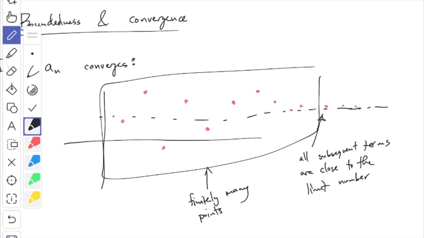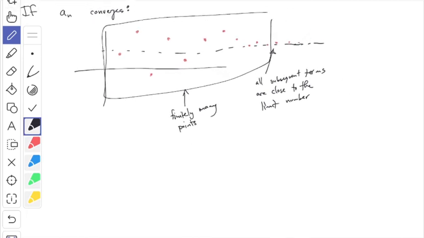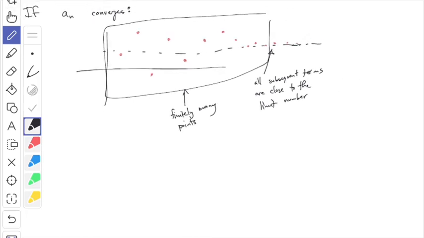So the part towards the end is bounded because they are getting close to a specific value. The part towards the beginning is bounded because there's only finitely many of these. My conclusion, and I don't want to write a proof of this, but this is the idea of the proof: towards the end, they all get close to a specific number, so it is bounded on the end. And on the beginning, there's only finitely many, so it is bounded on the beginning also.